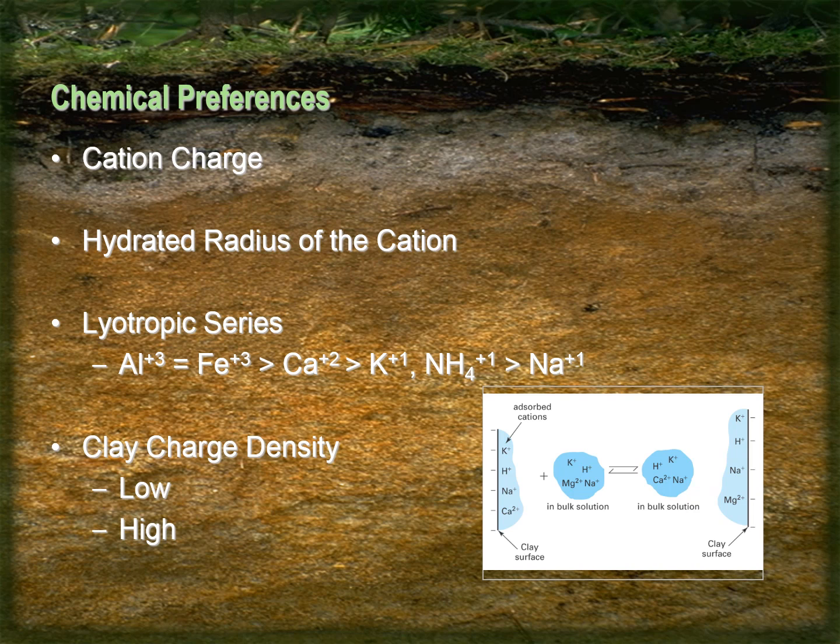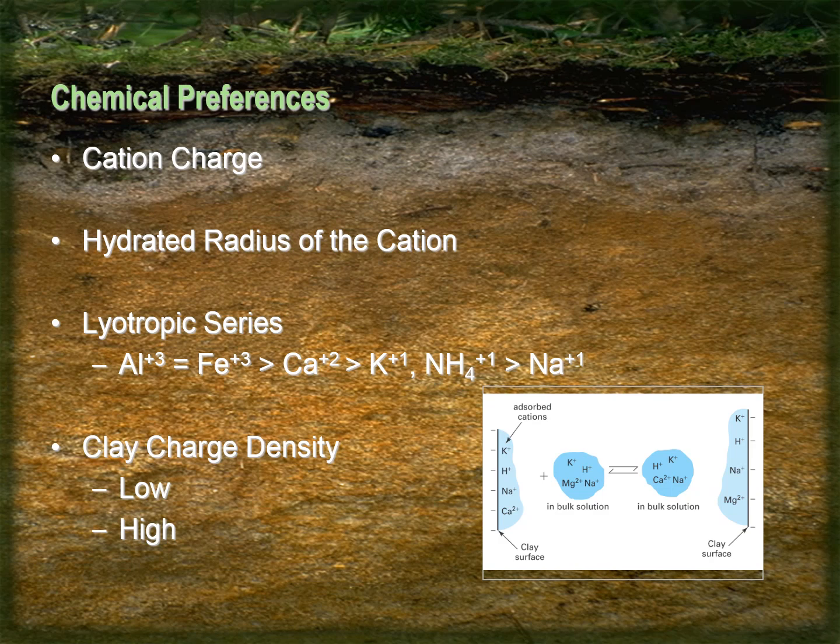So there are certain preferences for the exchange site, and it's related to the charge on the cation. So we showed the example of aluminum. If you look right here, this is what we call a lyotropic series, and it tells you the preference for the exchange site for different cations.